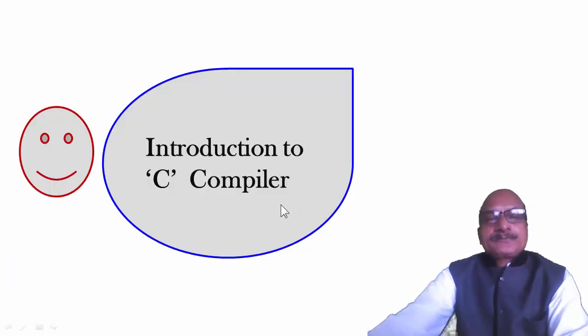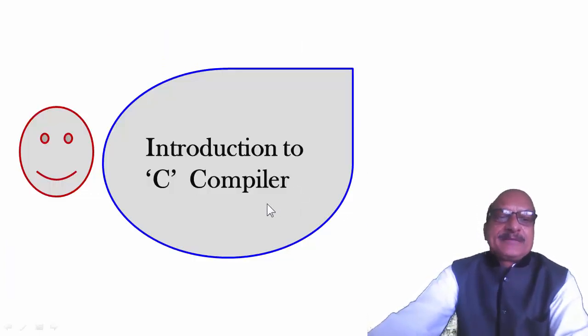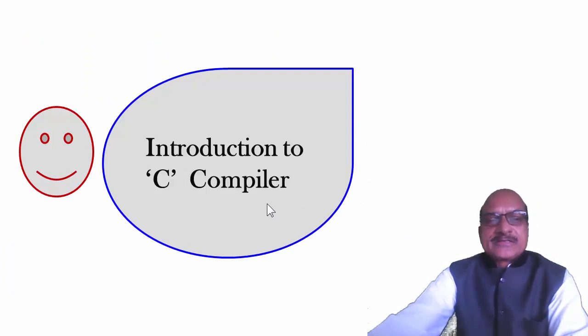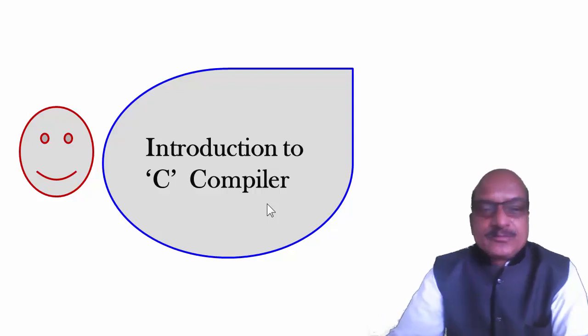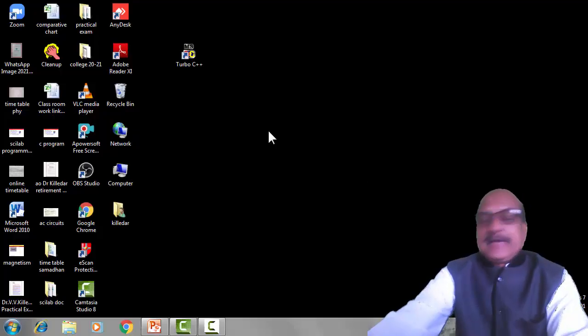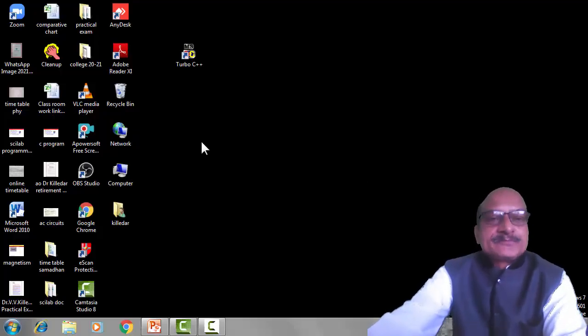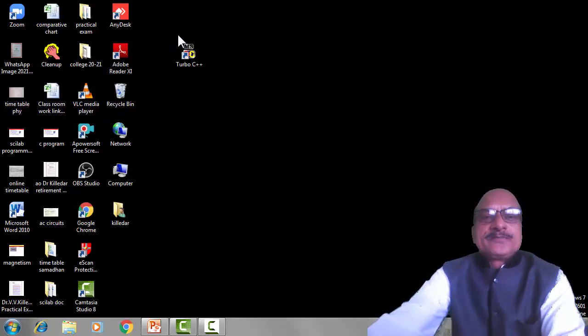Now I will explain how to use the C language compiler for doing C language programming. This is my desktop, and I find that on my desktop there is an icon, Turbo C++.